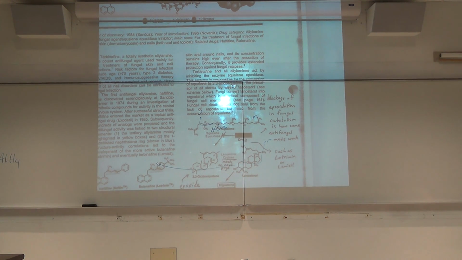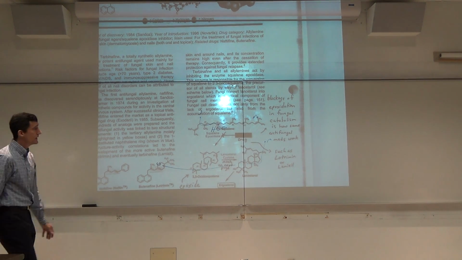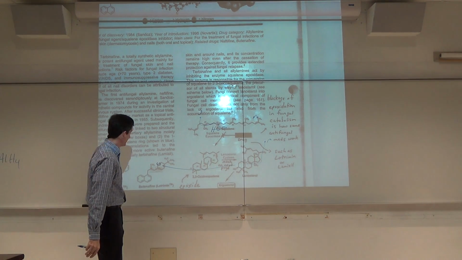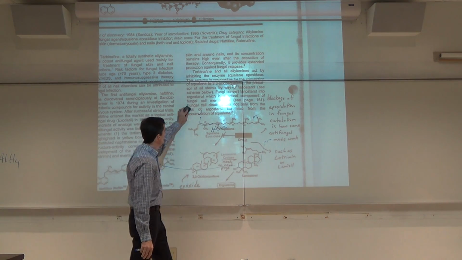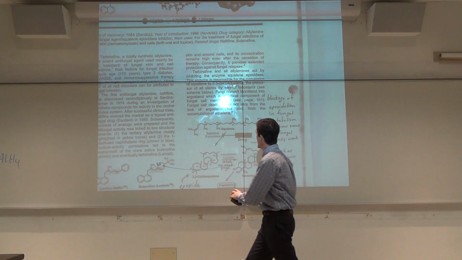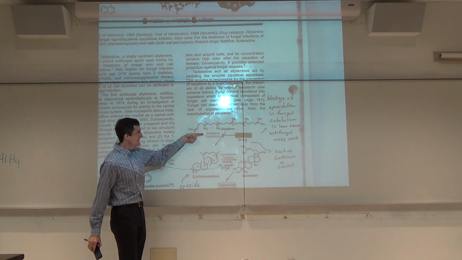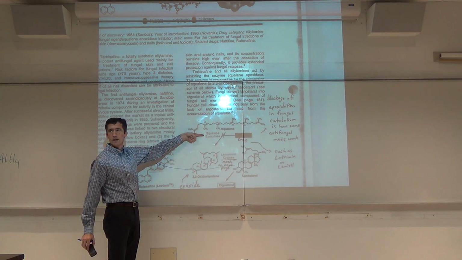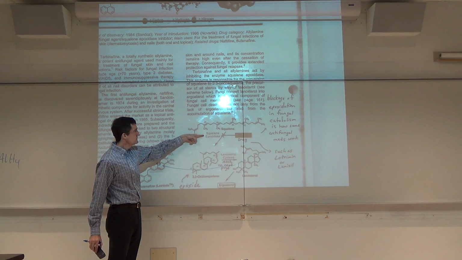Antifungal drugs like Lamisil, how do they work? Well, they kill the fungus. How do they kill the fungus? They inhibit an enzyme called squalene epoxidase. What does that enzyme do?